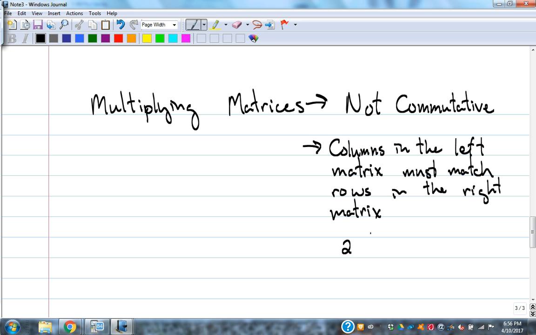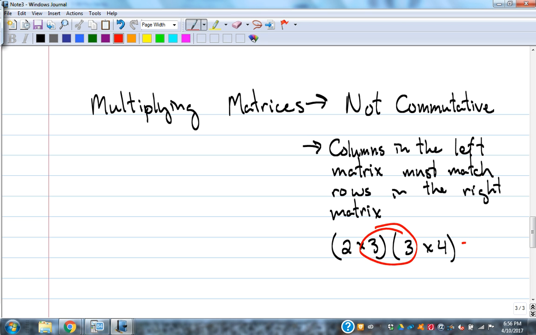So if you're multiplying two matrices, a 2 by 3 times a 3 by 4, these two numbers have to match. When you look at the dimensions, the size, 2 by 3 times a 3 by 4 is legal because those two numbers in the middle match. If they're different, it cannot be done. It's an undefined operation.